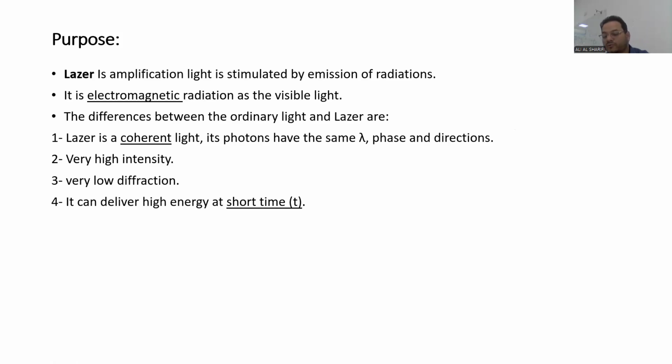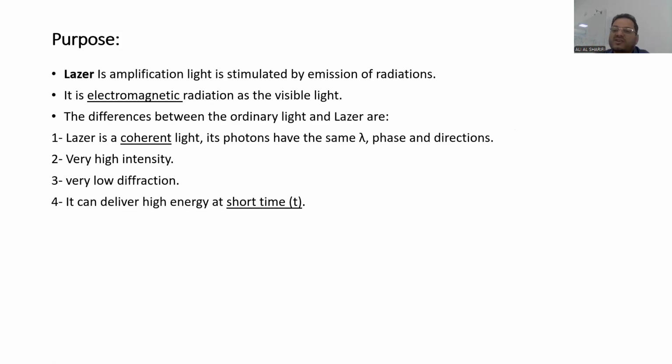We have two important conditions, it must be with the same wavelength. For example, I use this green laser here, it's written there 532 nanometers. That means I have a lot of light with the same 532 nanometers, amplified to be like this with high intensity, because all of these emitted rays have the same direction.